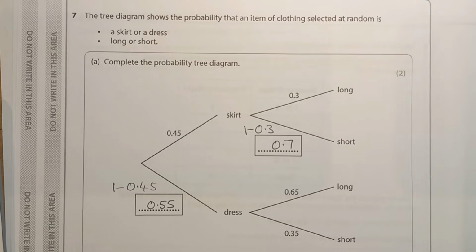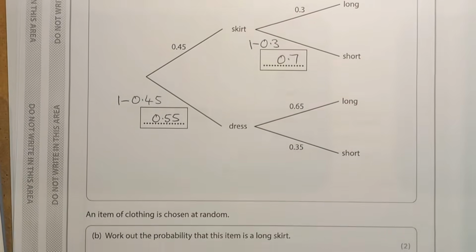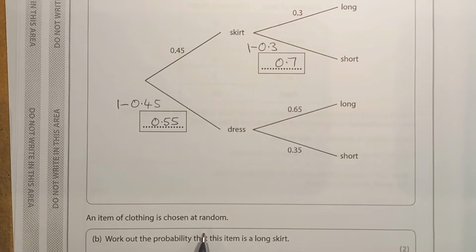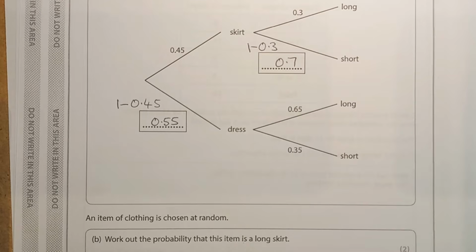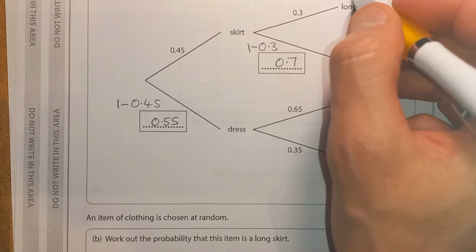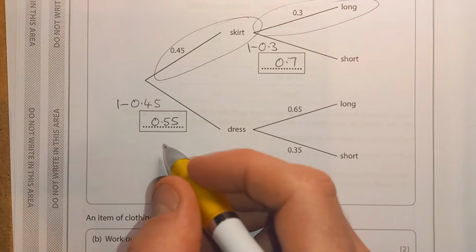So we've got all our probabilities filled in on there. And then we're told, an item of clothing is chosen at random. Work out the probability that this item is a long skirt. Right, so we want long and we want skirt.